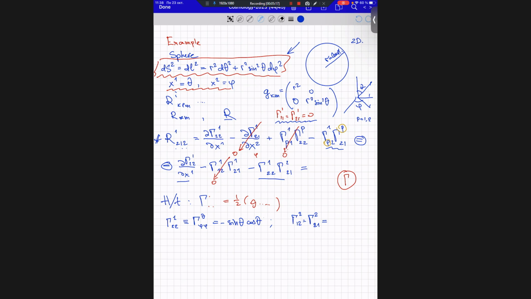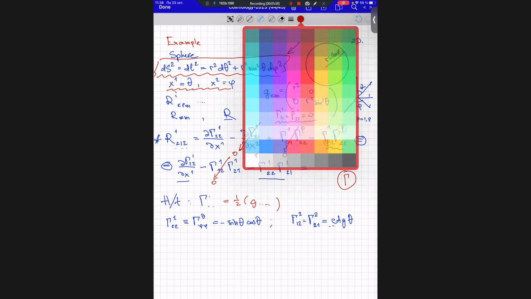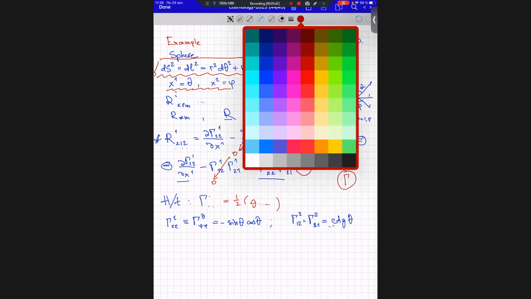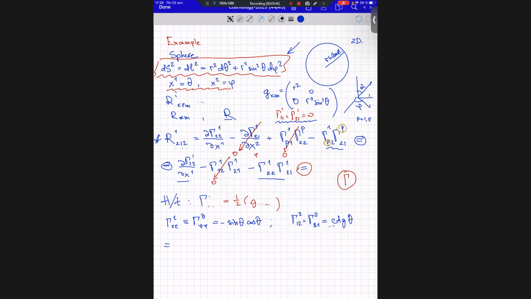So for the second one, please tell me the final result. Gamma 1, 2, 2. Cotangent theta. Cotangent theta, right.